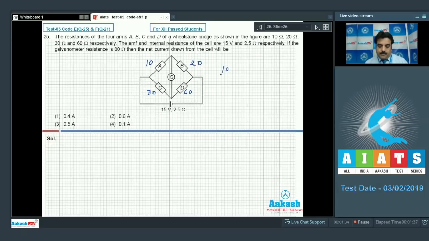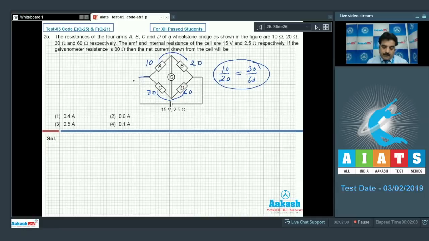If I check 10 by 20 and 30 by 60, then we can say this is a balanced Wheatstone bridge. So 10 and 20 are in series, and 30 and 60 are in series, so 10 plus 20 will be 30 and 30 plus 60 will be 90, and after that they are in parallel.